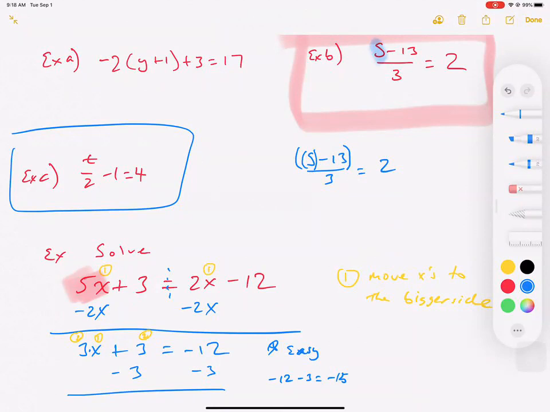Okay, here's the poll. What would you do first? Do we get rid of the 13, the 2, or the 3?